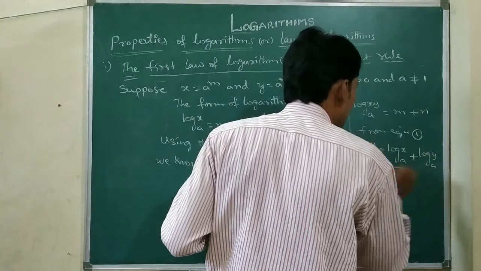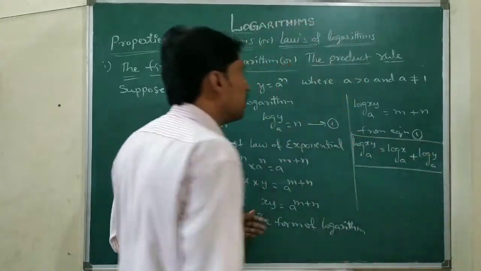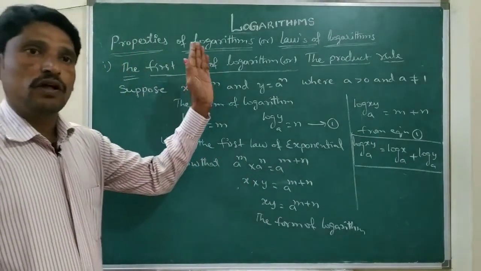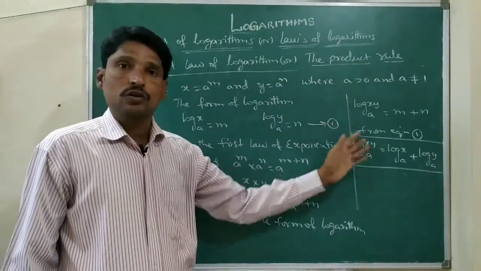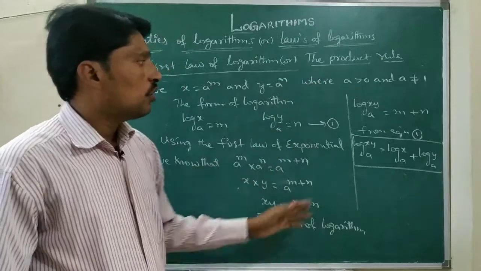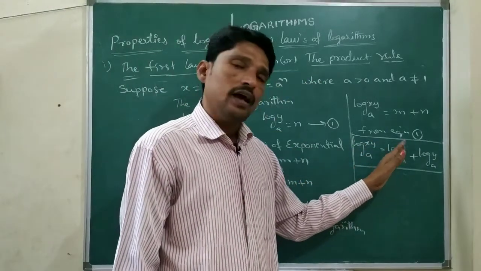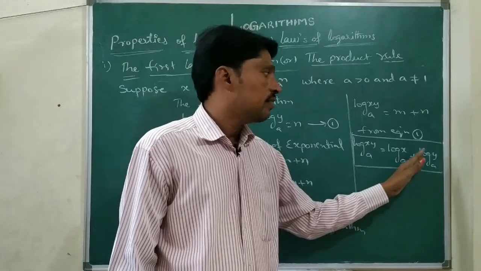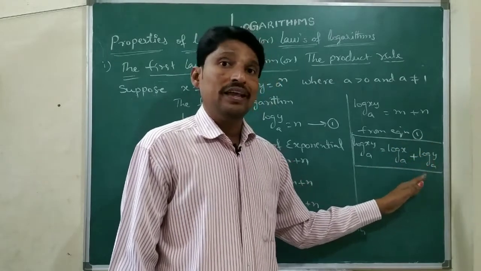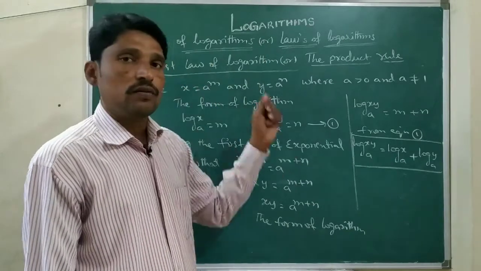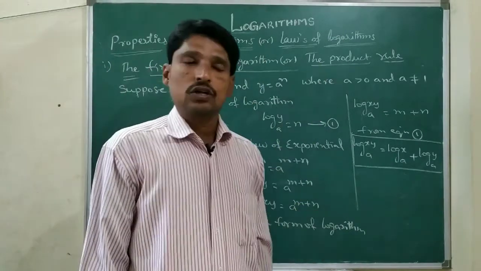This is the first law of logarithm, or product rule. So what is the product rule? Log xy base a equals log x to the base a plus log y to the base a.